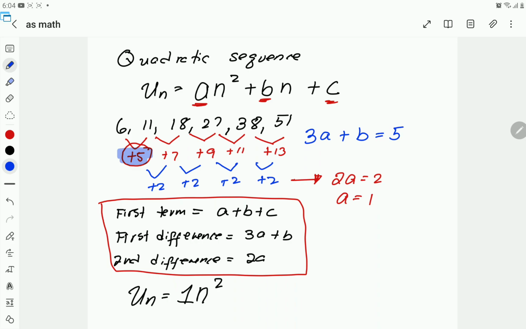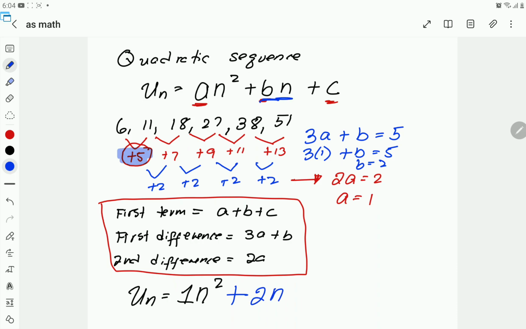But you know your a is 1, so 3 times 1 plus b is equal to 5, so b is equal to 2. So plus bn, that's going to be 2n.